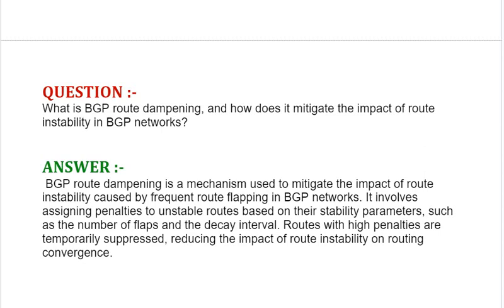It involves assigning penalties to unstable routes based on their stability parameters such as the number of flaps and the decay interval. Routes with high penalties are temporarily suppressed, reducing the impact of route instability on routing convergence.